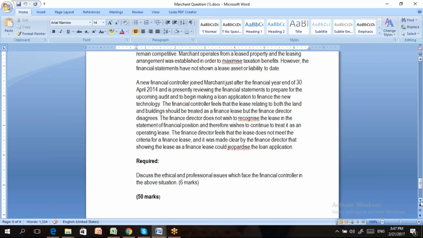In that case, the asset should be shown and the corresponding liability should be shown. Anything that is not falling into the finance lease category will be an operating lease, and in an operating lease, the lease expenditure will be charged to the profit or loss.